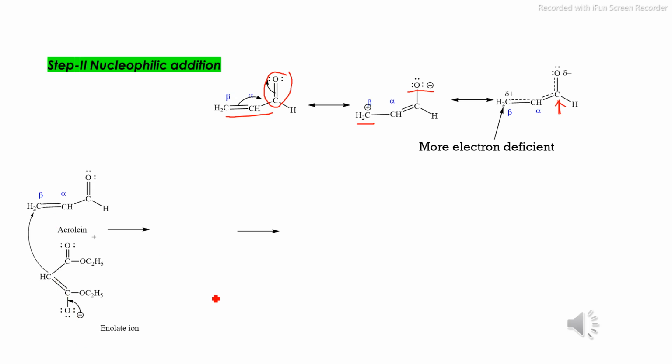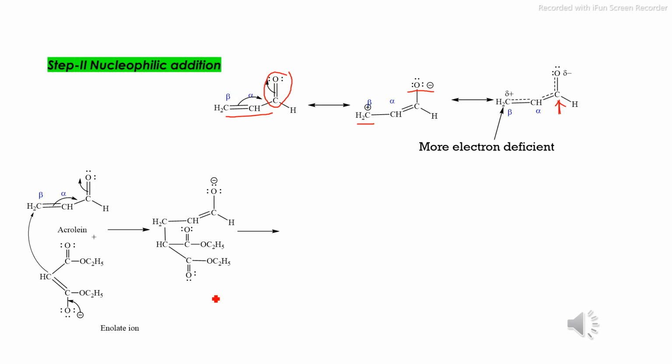So here the enolate ion attacks the beta carbon atom through the carbon atom, and due to this the alpha beta double bond will break and a new bond between the carbonyl carbon and alpha carbon will be formed, with the oxygen getting the negative charge.